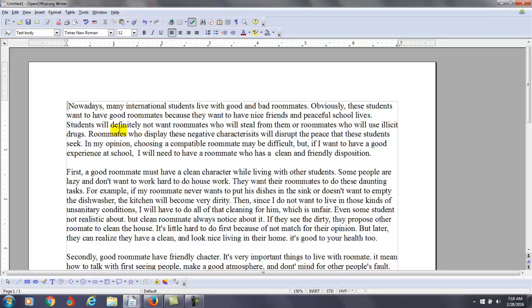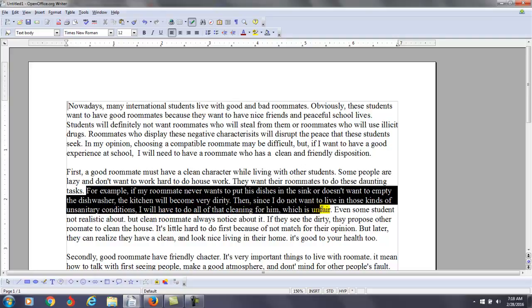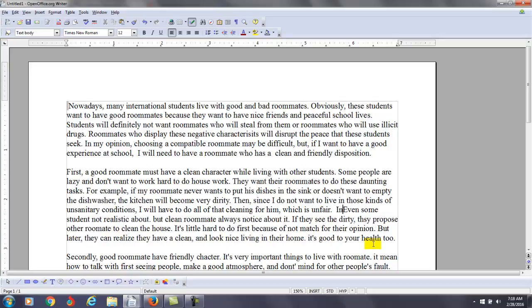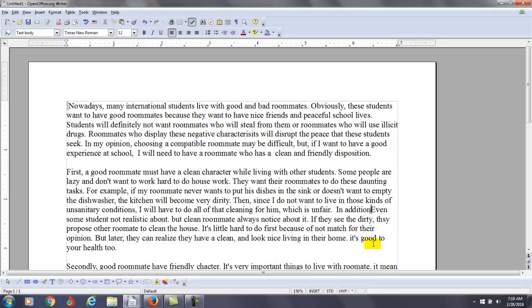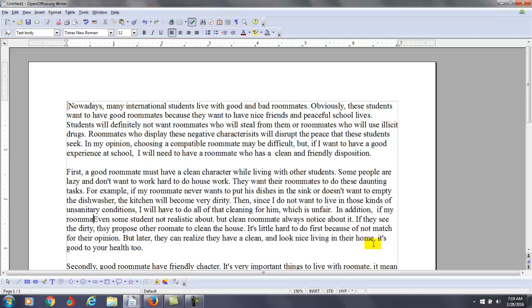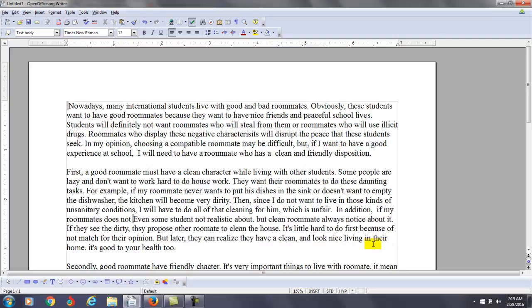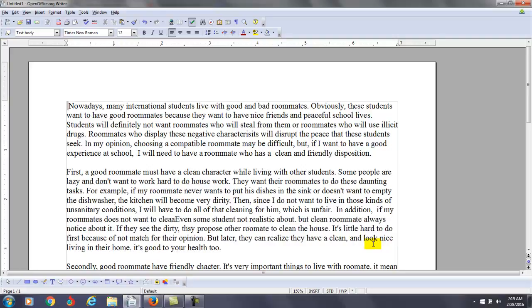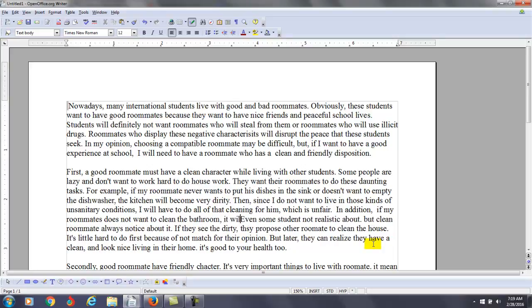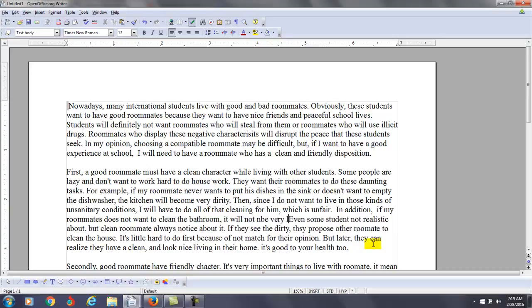Right, so what did I do here? I mean, think about what this is. I'm trying to give you a more specific example here. If my roommate does not want to clean the bathroom, it will not be very long.